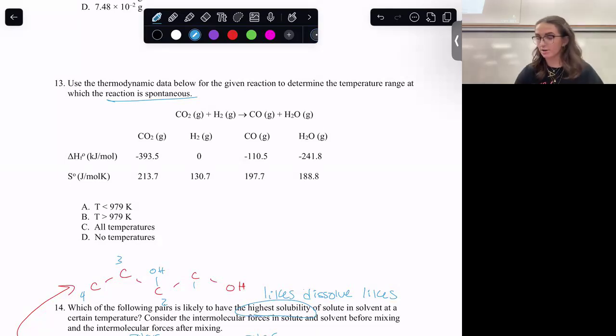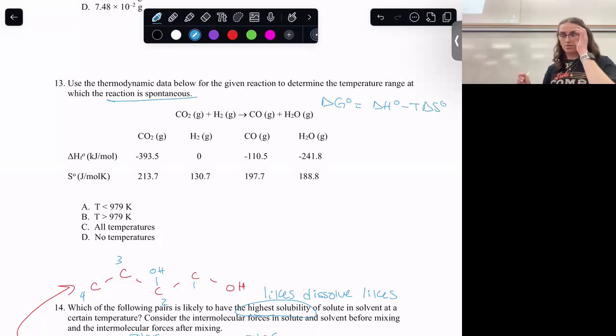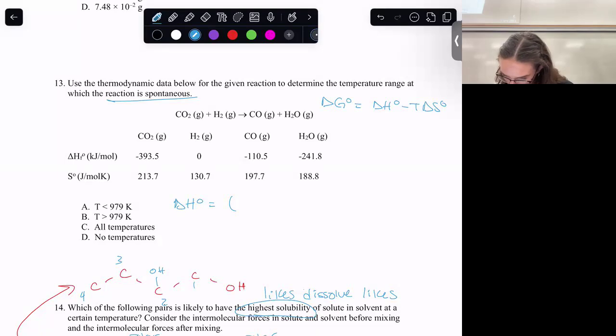Yep, we're ultimately looking for delta G, is it spontaneous or not? We're given the breakdown of delta H and delta S. Can we solve for those? Yeah, right, we can do the delta H of formation and delta S of formation. So delta H, right, is products minus reactants. Is this balanced?